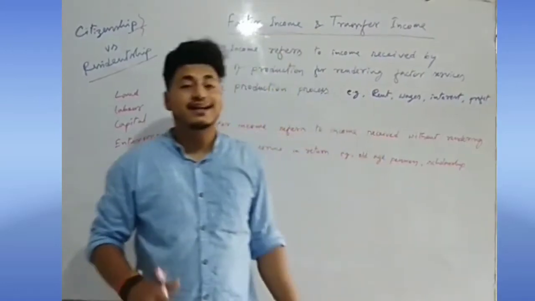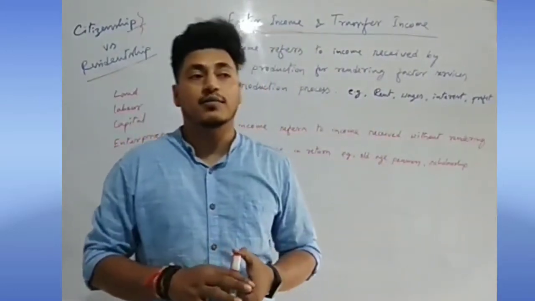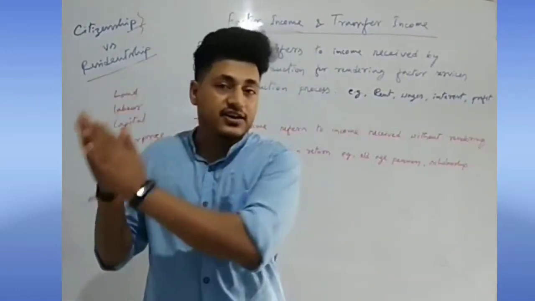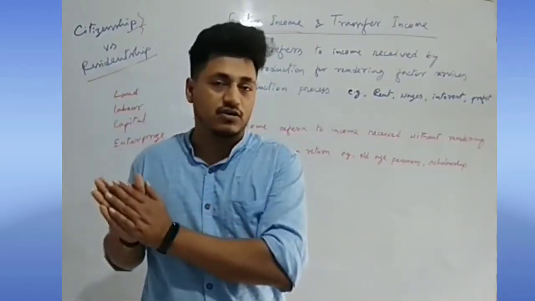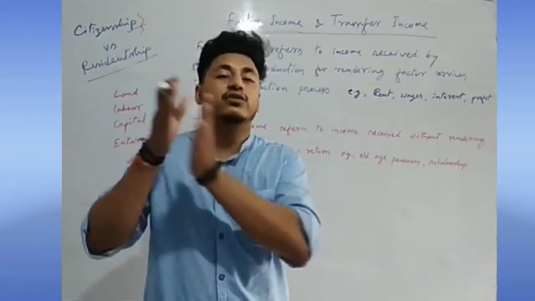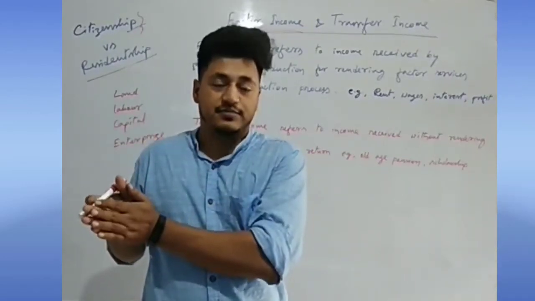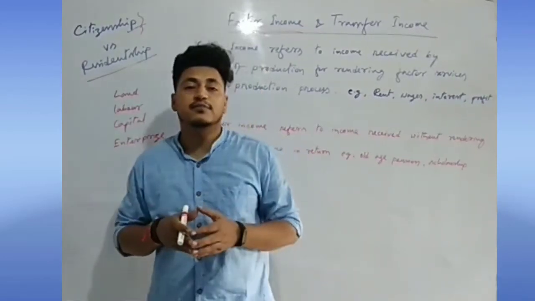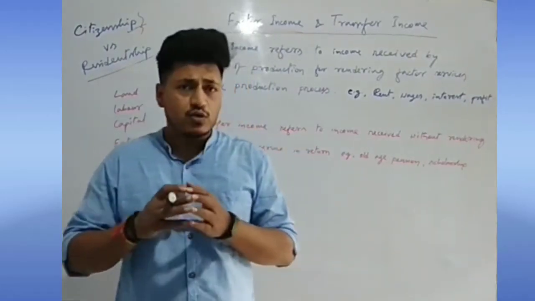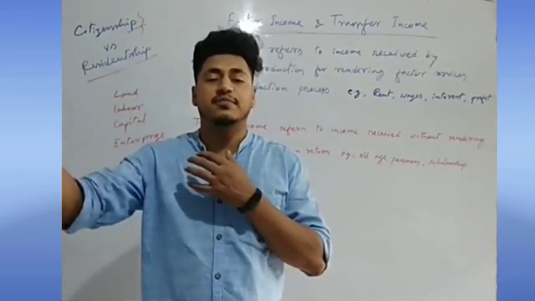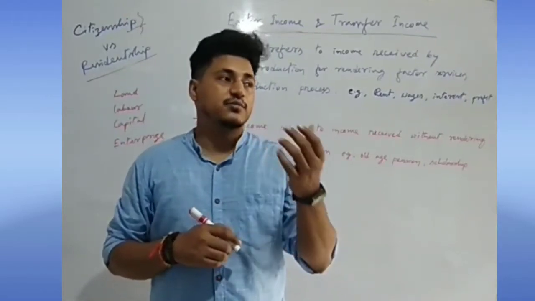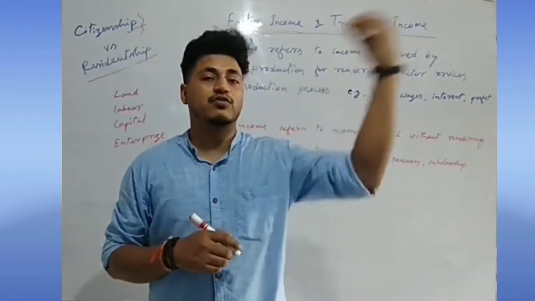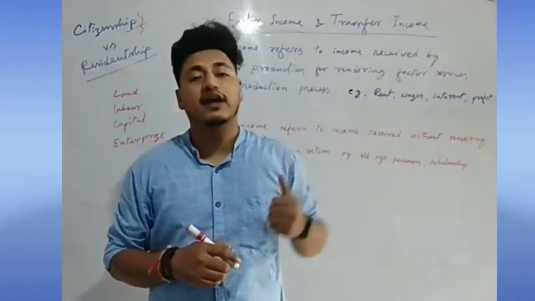Now in transfer income, we have two more concepts: capital transfers and current transfers. Transfer income दो टाइप्स का होता है, एक कैपिटल ट्रांसफर, एक करंट ट्रांसफर इनकम. Current transfer income मतलब जहां पर हम कुछ काम करके जो पैसा मिलता है, वह करंट ट्रांसफर इनकम है. For example, if you transfer a certain amount of money for working, then it is known as current transfer income.